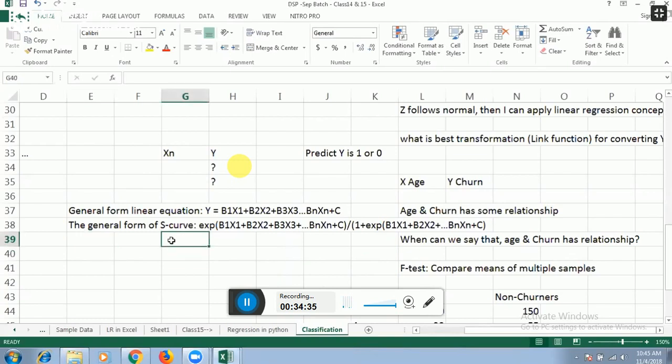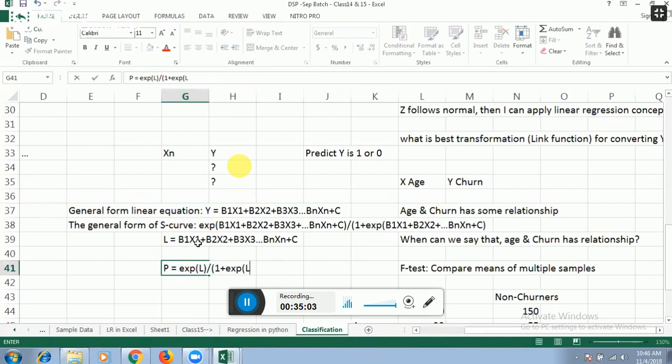Assuming that my linear equation is L, the P value is exponential of L by 1 plus exponential of L. Is this clear?